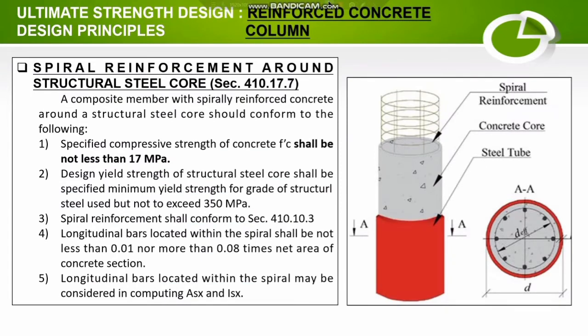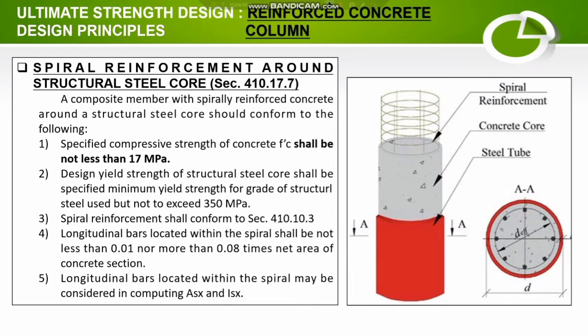Spiral reinforcement around a structural steel core, section 410.17.7. A composite member with spirally reinforced concrete around a structural steel core should conform to the following. First, the specified compressive strength of concrete fc' shall be not less than 17 megapascals.